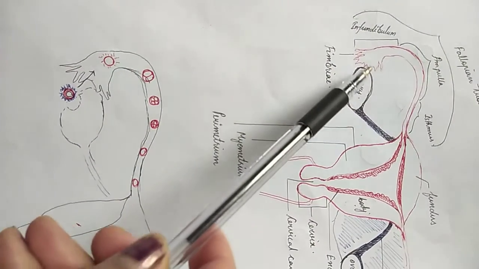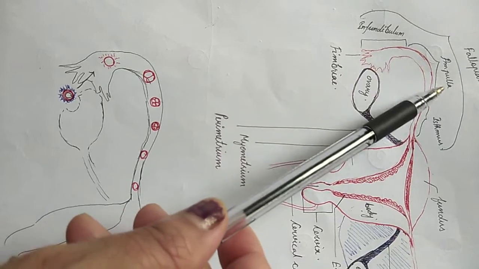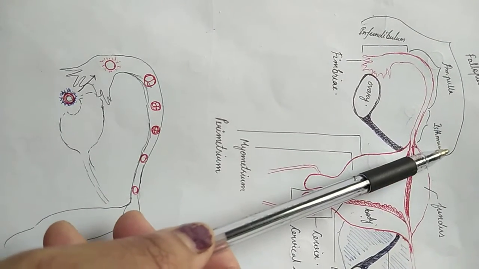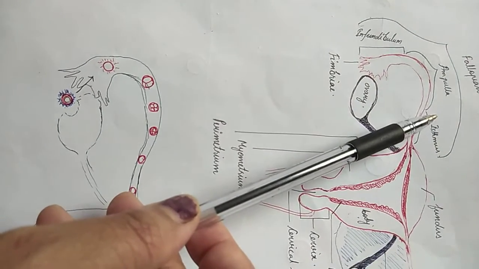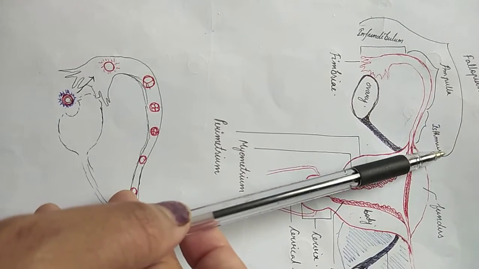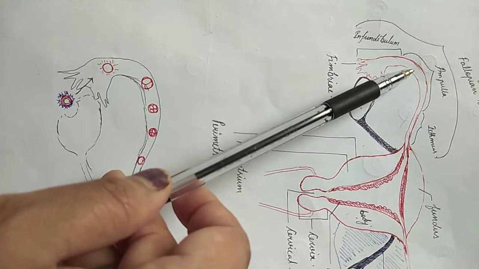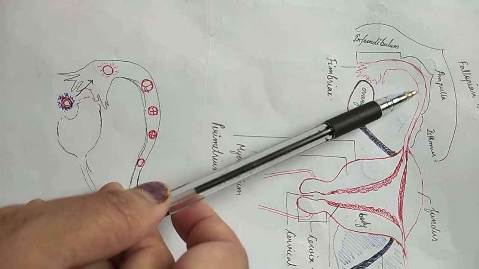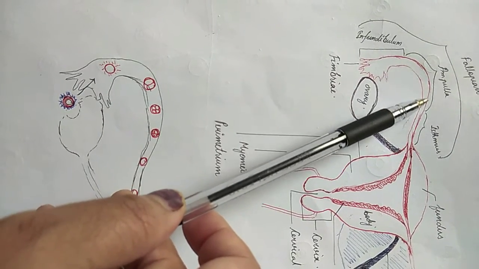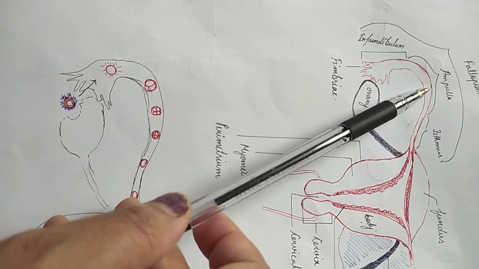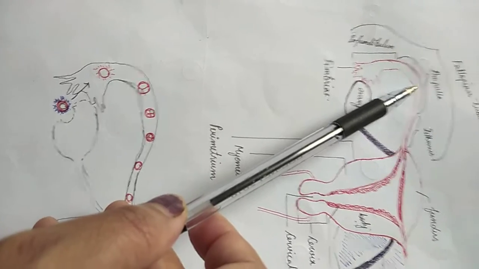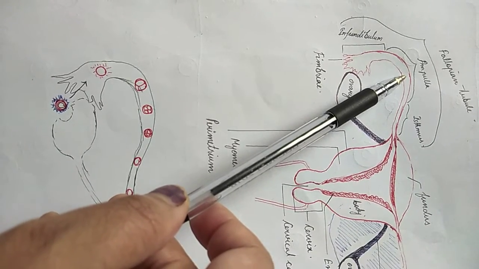Next, the infundibulum leads into a long, wide, thin-walled, tortuous part of the fallopian tube called the ampulla. It is the region where the egg awaits the sperm for fertilization.